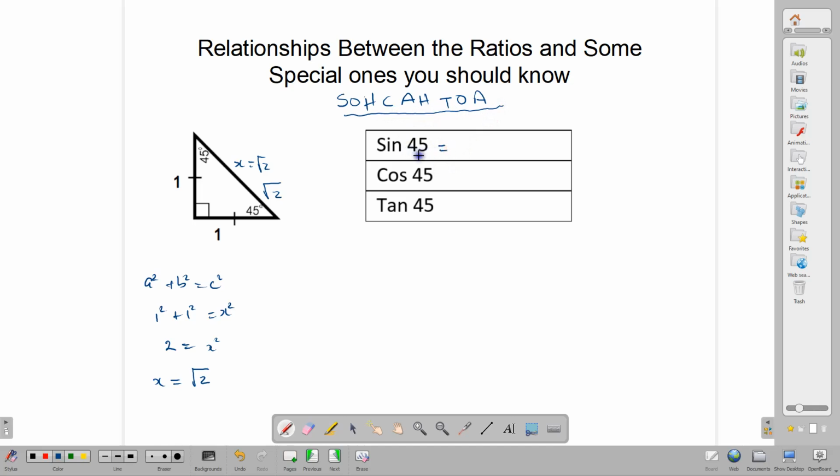So for the sine of 45, sine is opposite. Take this 45 here. This is opposite. This side would be adjacent, and this one is hypotenuse. Sine is opposite over hypotenuse, so 1 over square root 2.